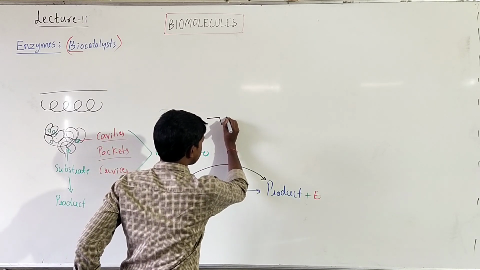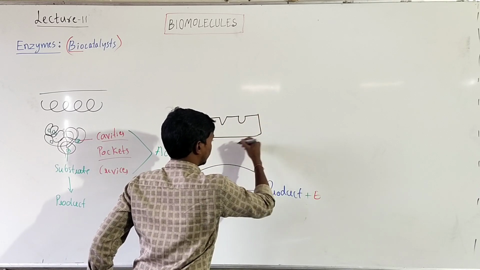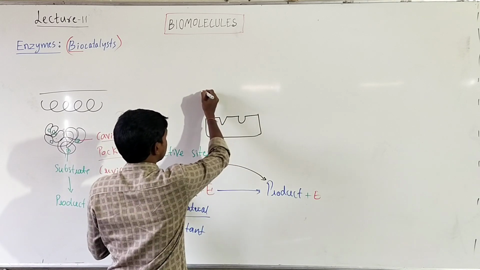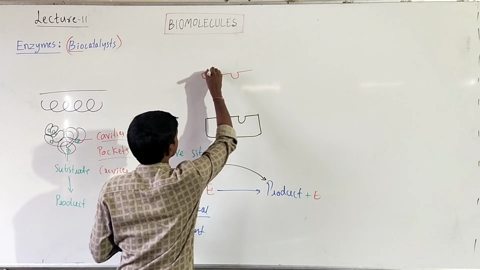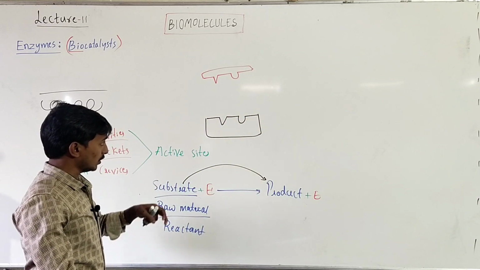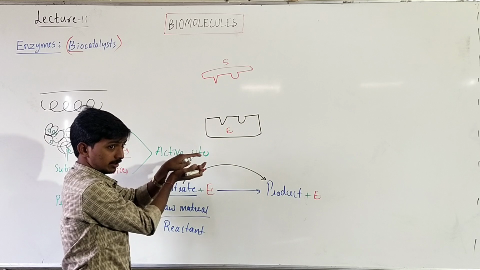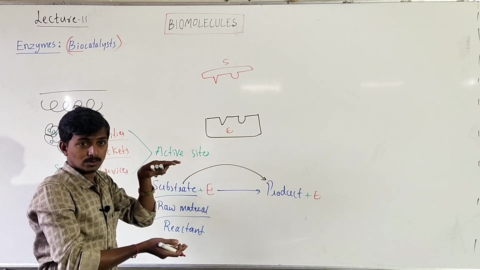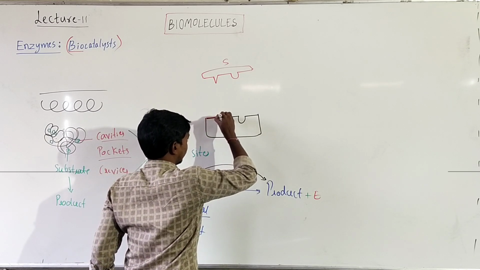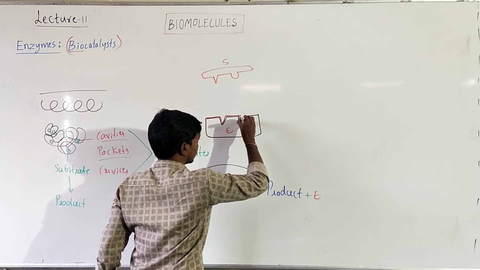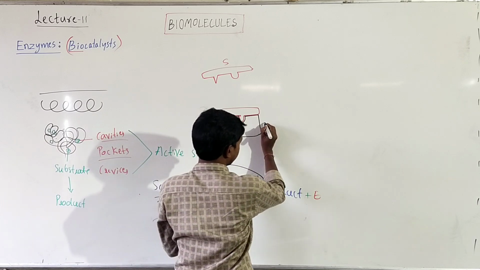Imagine it is an enzyme. Okay, so this is the substrate. Now the enzyme and substrate both have to come together, then only the reaction starts. So they have to attach to each other. So we'll just write this substrate over the enzyme. Then the reaction starts.